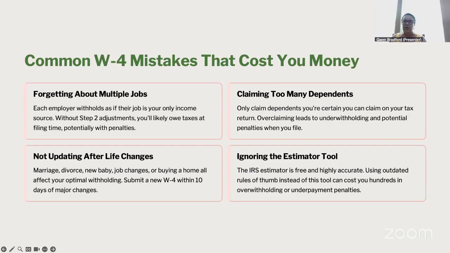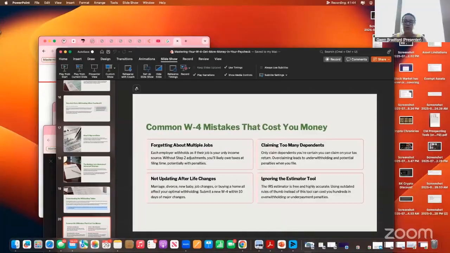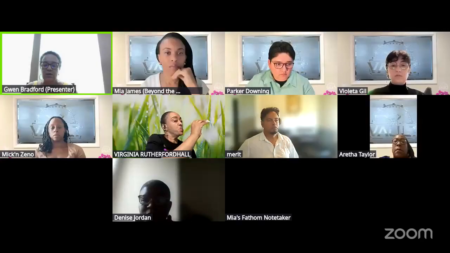So they stopped all of that, and then they now have the estimator tool, which is, like I said, I love it. I stand by it 100%. So it's so important to make sure that you update your W-4 when there are certain life events that happen.